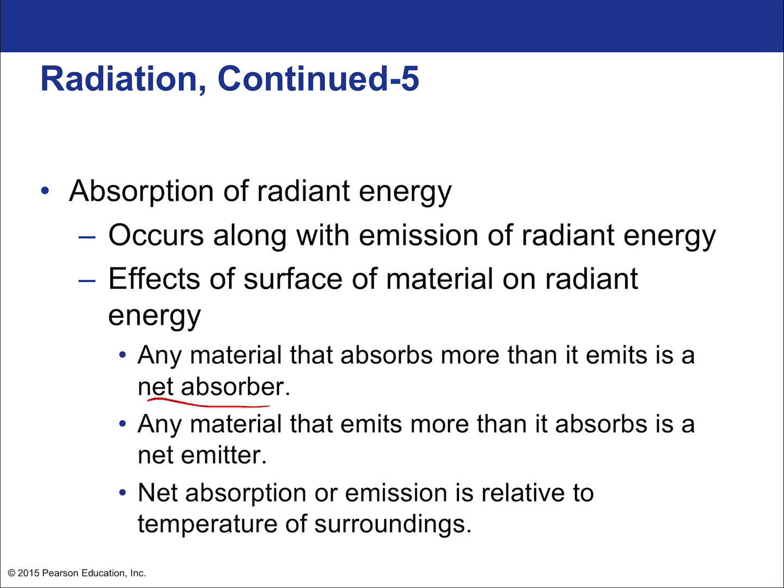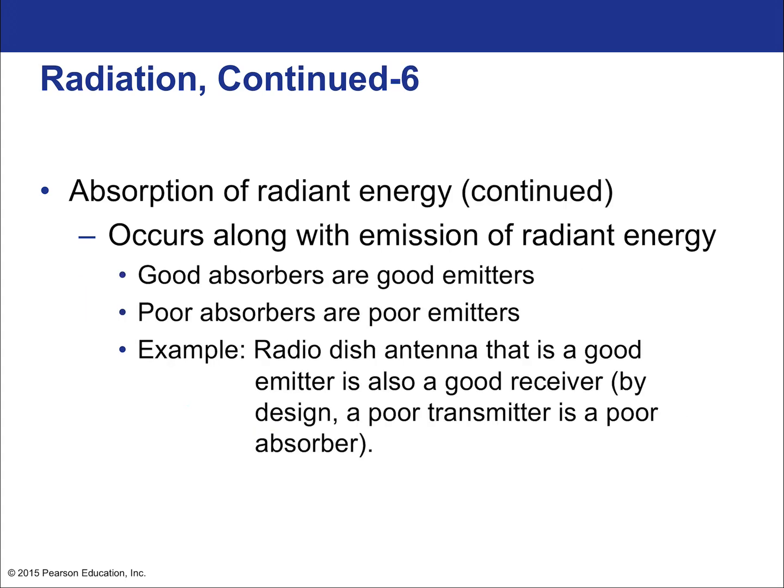And we're still talking about radiation here. And net absorption or emission is relative to the temperature of the surroundings, not to the properties of the material. Because again, something that is a good emitter is also a good absorber. Okay? And so further on, the absorption of radiant energy occurs along with emission of radiant energy. Right? So as I said, good absorber, good emitter. Poor absorber is also a poor emitter.